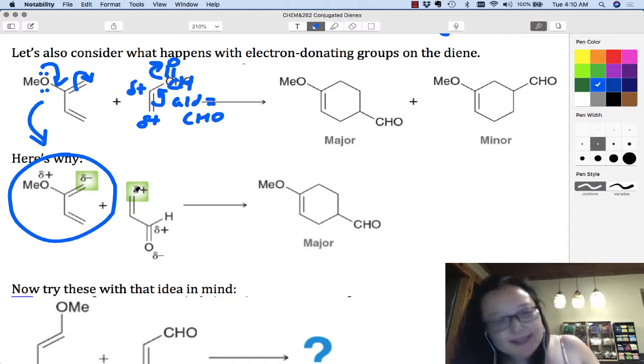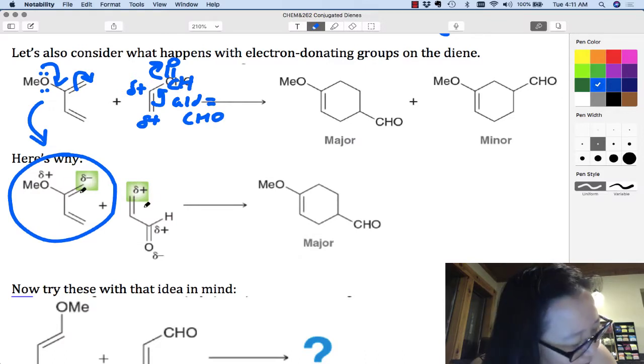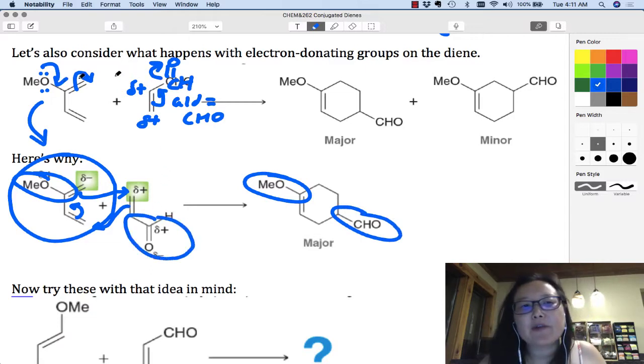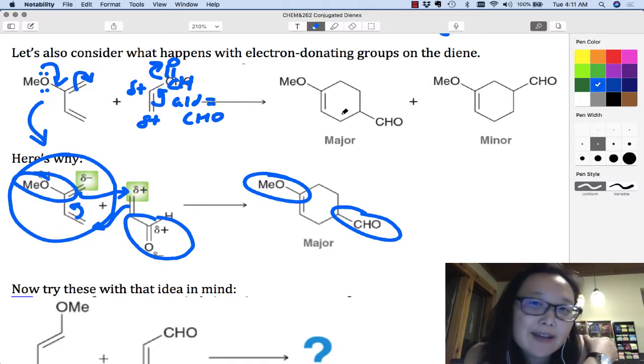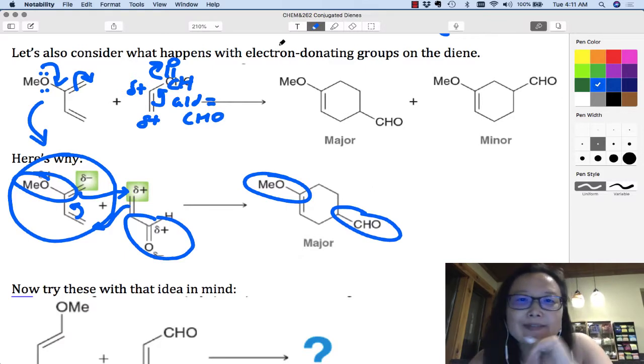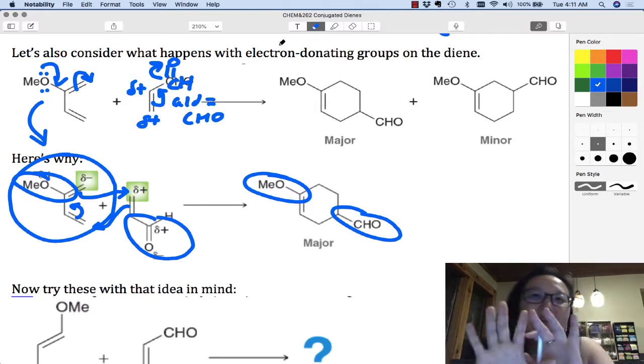So in this case, it turns out that when we match negative to positive, we have a Diels-Alder reaction this way, and that puts my methoxy group up here, and that puts my aldehyde group down here, rather than the other way around, like that. Okay? So you need to consider resonance and electronic factors as well in the Diels-Alder, particularly when you have an option of flipping the molecule, reacting it, or flipping it this way and reacting them together.